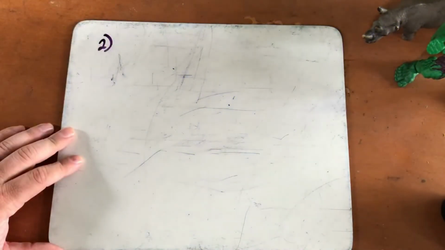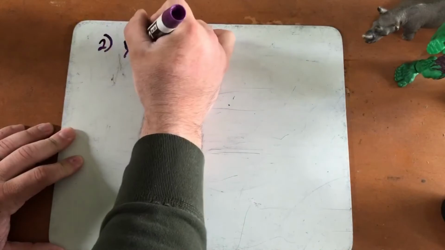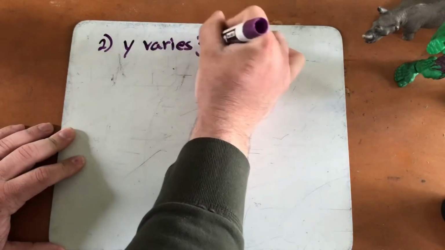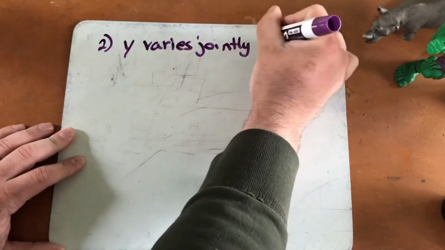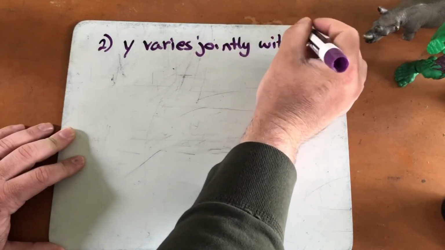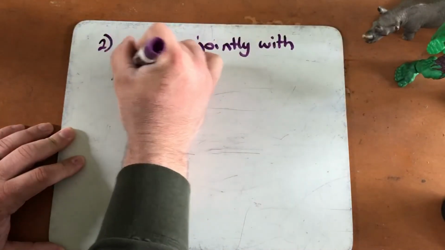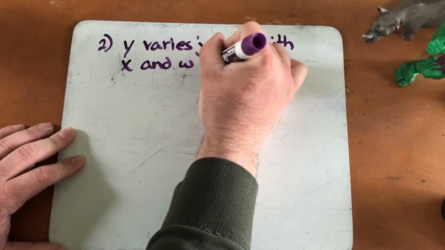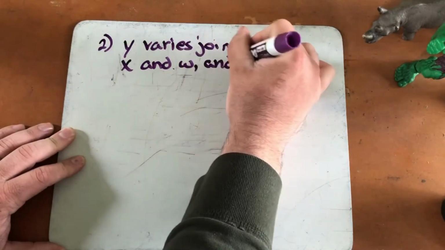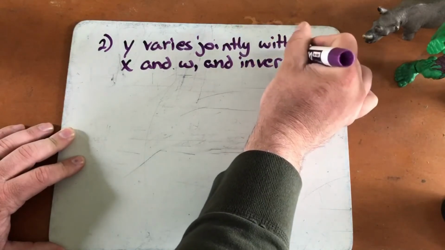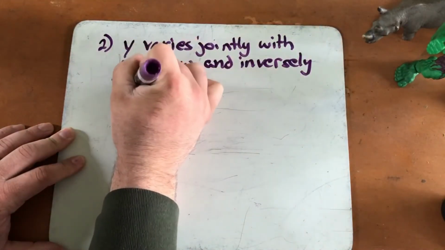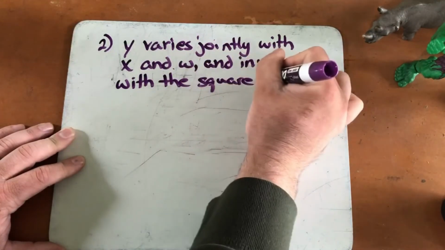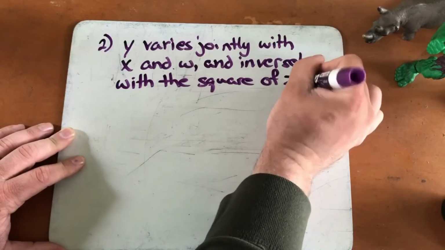For the last combination of variation problem, this one's going to be kind of big. Let's say we're told y varies jointly with x and w, and inversely with the square of z.